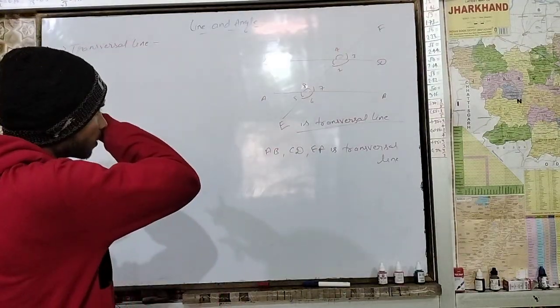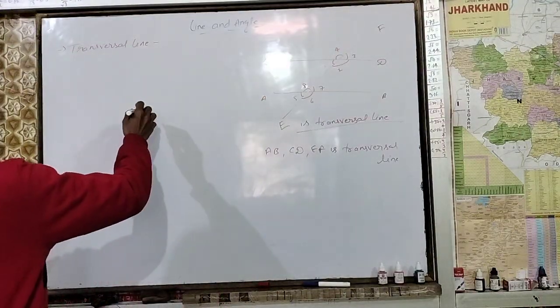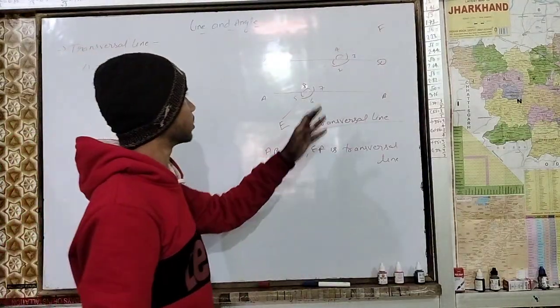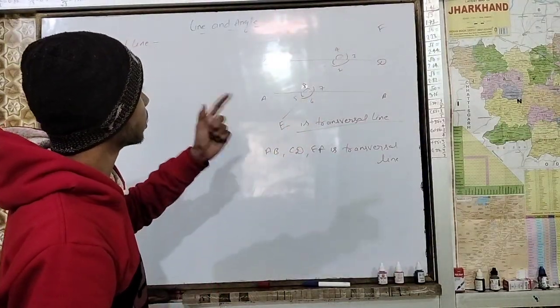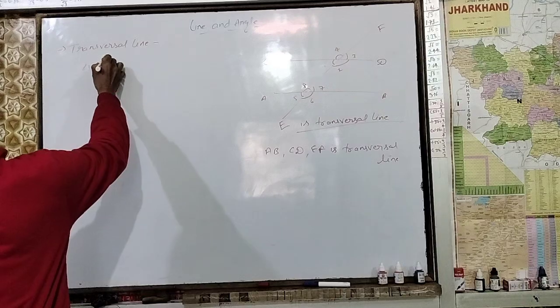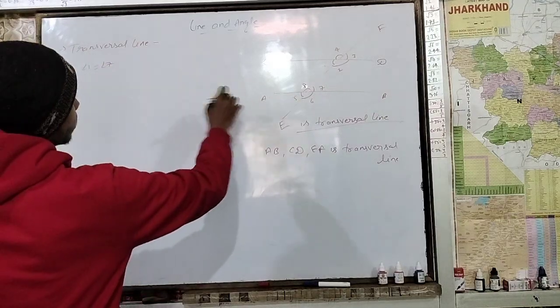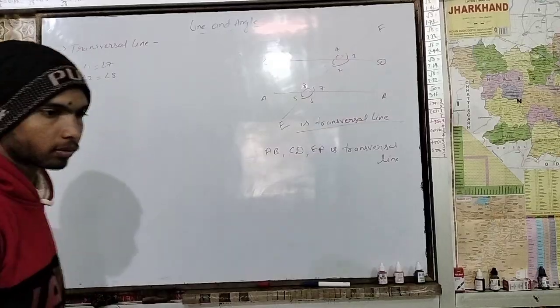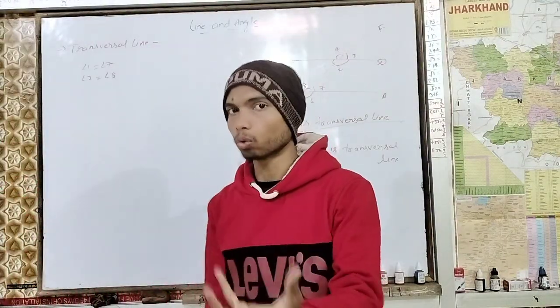In this figure, angle 1 will be equal to angle 7. Angle 2 will be equal to angle 8. This is a rule.